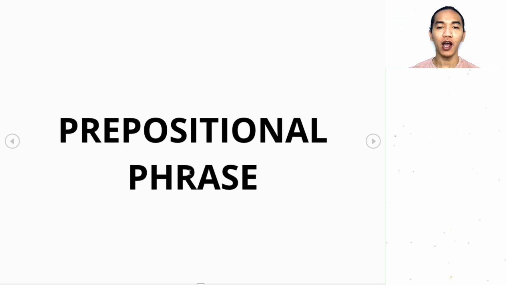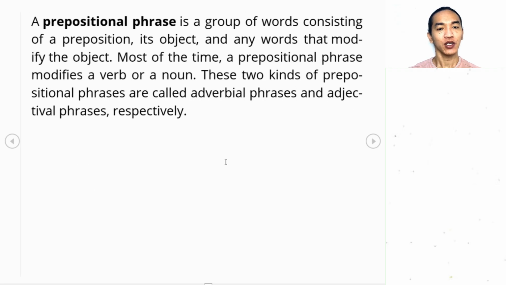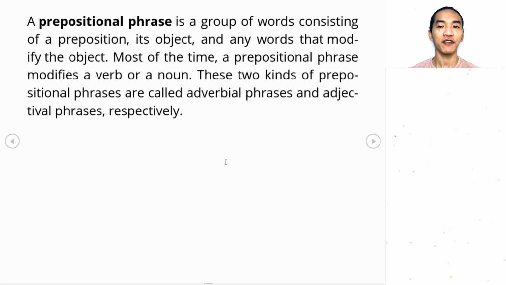So what are prepositional phrases? A prepositional phrase is a group of words consisting of a preposition, its object, and any words that modify the object, okay? So as long as it starts with a preposition, then definitely it is connected with other words.